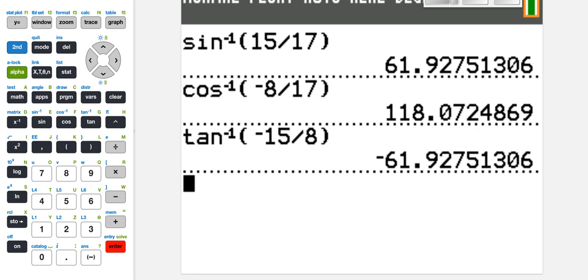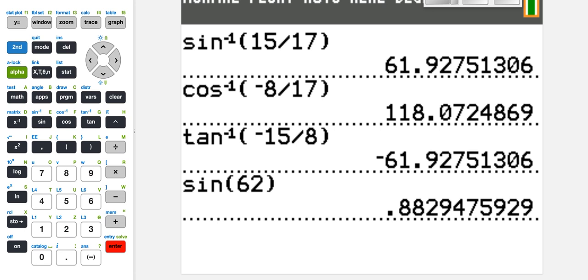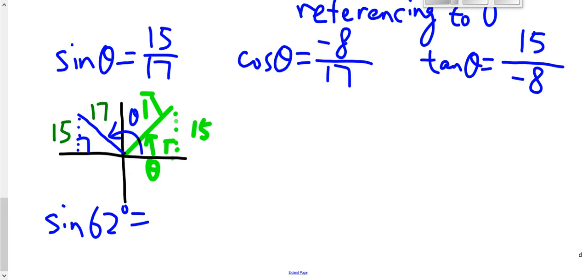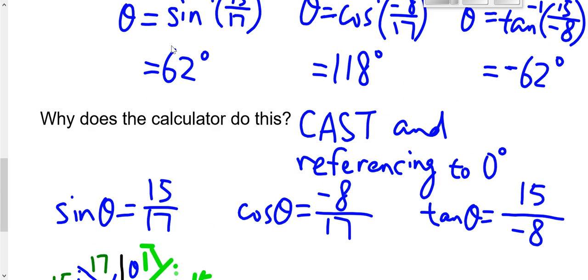Sine 62, close bracket, enter. That gives you 0.8829 something.